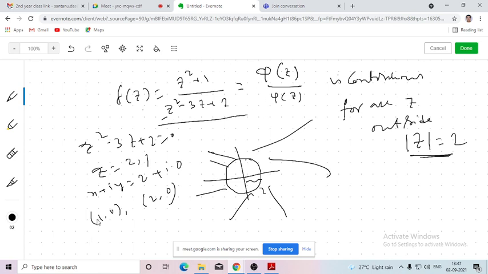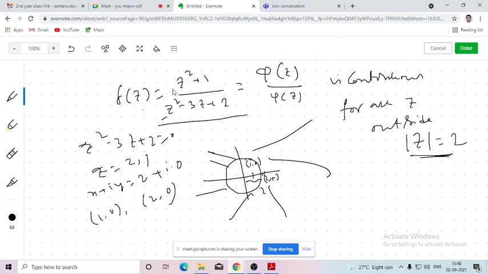So now we need to identify the position of (1, 0) and (2, 0). Now (2, 0) is here on the circle, and (1, 0) is inside the circle. So only at these 2 points, since the denominator function is not defined, the quotient will not be continuous. Outside that circle, the quotient function is defined, so obviously it will be continuous.